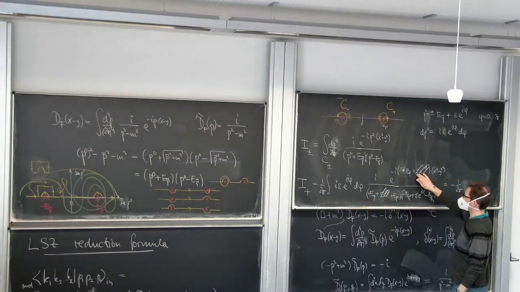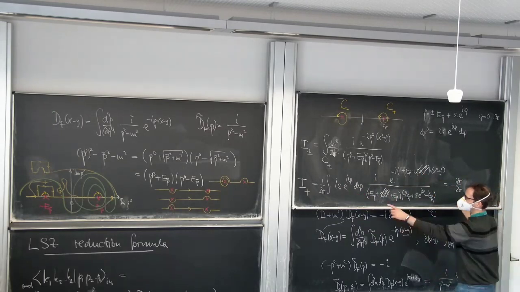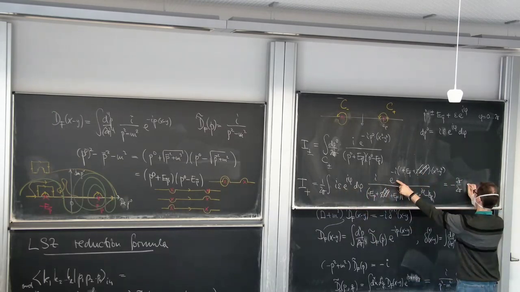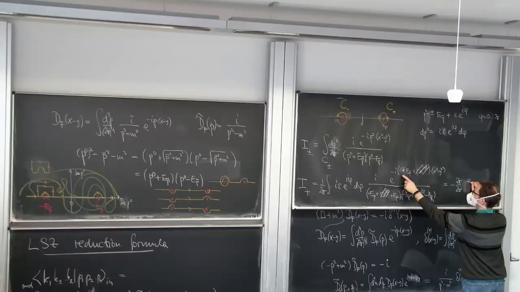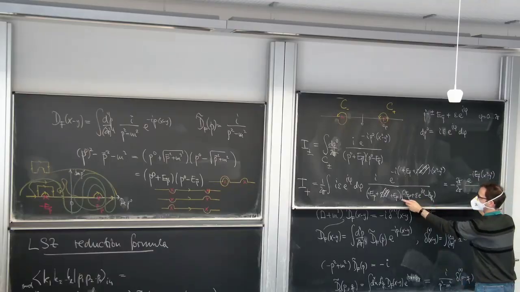Then this integral, because nothing depends on phi anymore, I set epsilon to 0, so nothing depends on phi, I get 2 pi of the integral. Done, done, done, and then we have e to the minus i p vector (x0 minus y0). And down here, I still have 2 Ep.